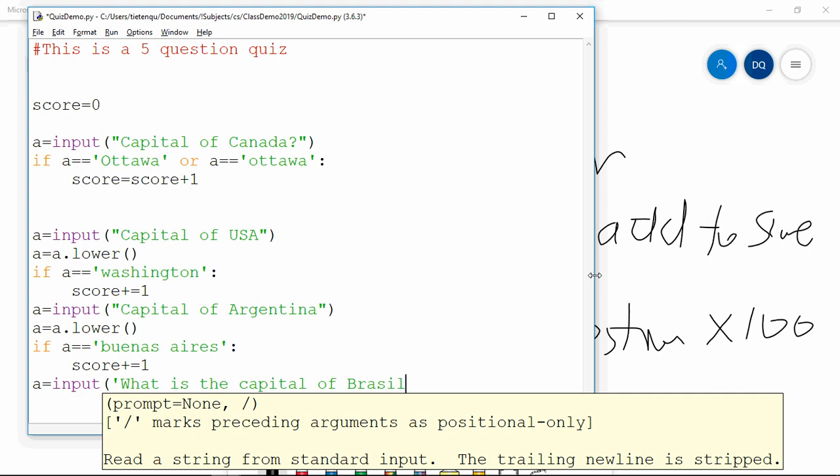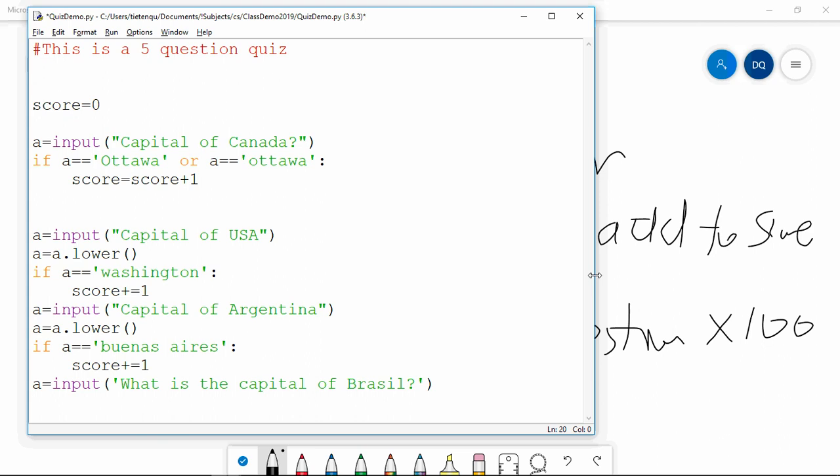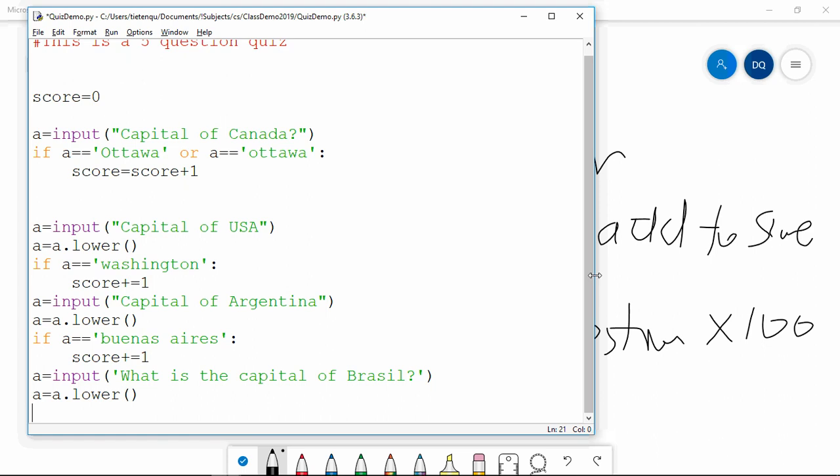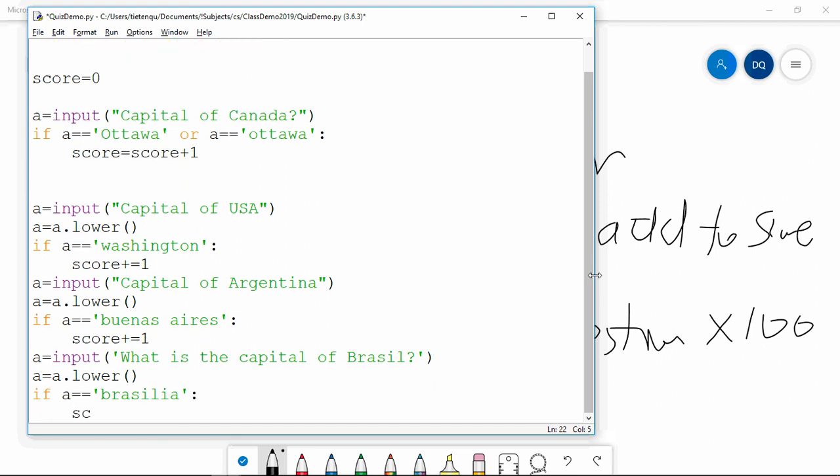What is the capital of Brazil? And then A equals A dot lower. And then if their answer is equal to brasilia, then score plus equals 1.